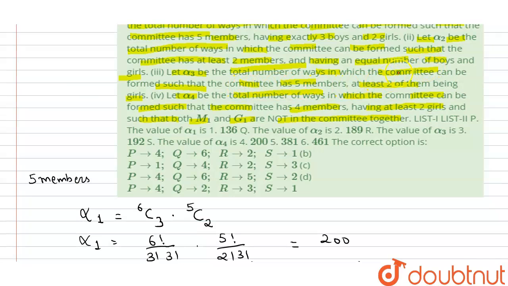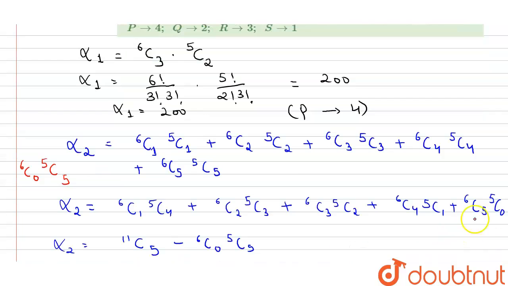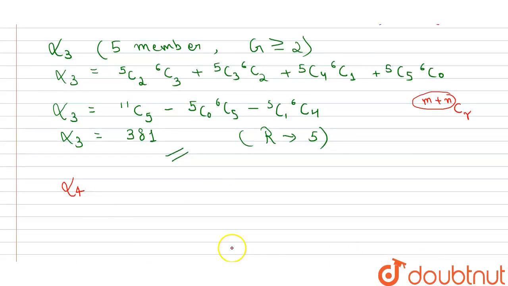In alpha 4, it is written that the total number of ways in which the committee can be formed such that the committee has 4 members, at least 2 girls are there, and M1 and G1 are not in a committee together. So 4 members, at least 2 girls should be there, and M1 and G1 are not together in a committee.